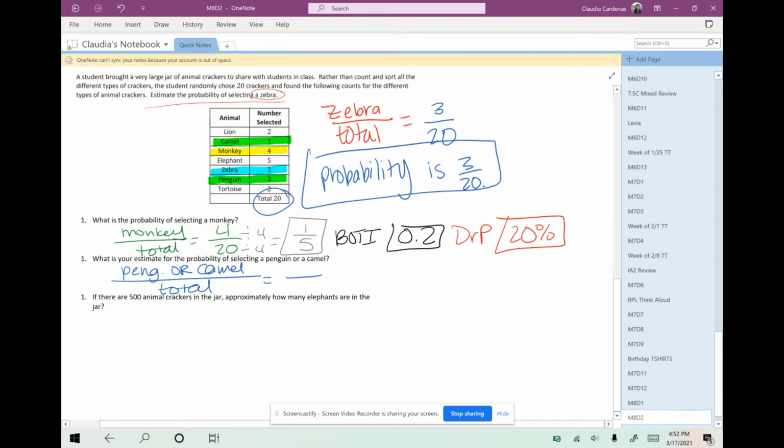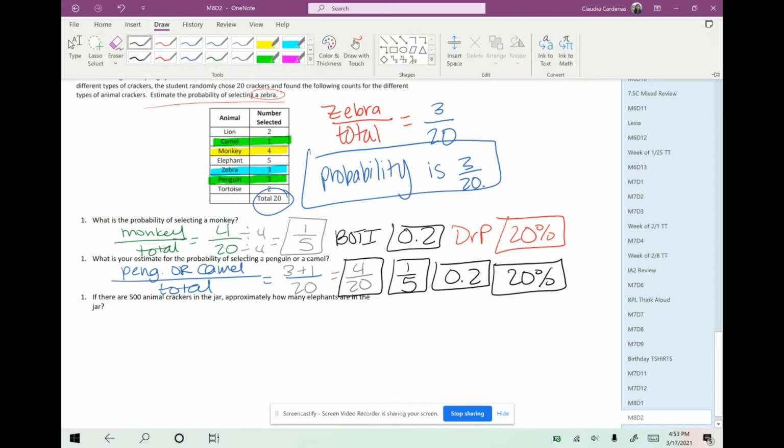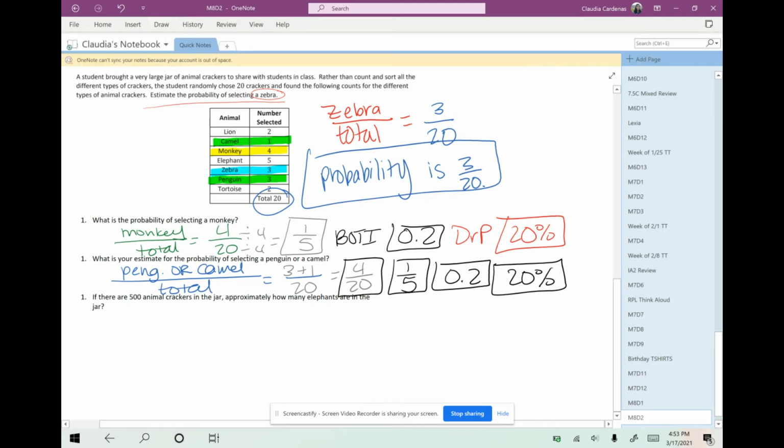So I'm going to combine them, which I know is 4 total options, and the total is still 20 animal crackers. So we get a probability of 4 over 20, which in the earlier example is the same thing as 1/5, which is the same thing as 2/10, which is the same thing as 20%. All 4 of these numbers are equivalent, therefore they all represent the probability of selecting a penguin or a camel. Awesome, so far so good.